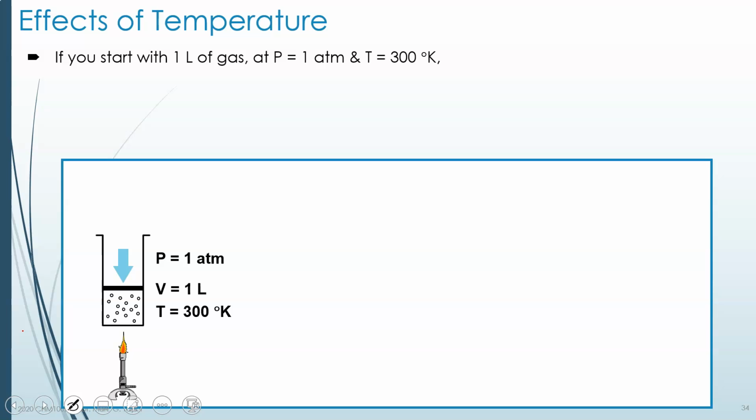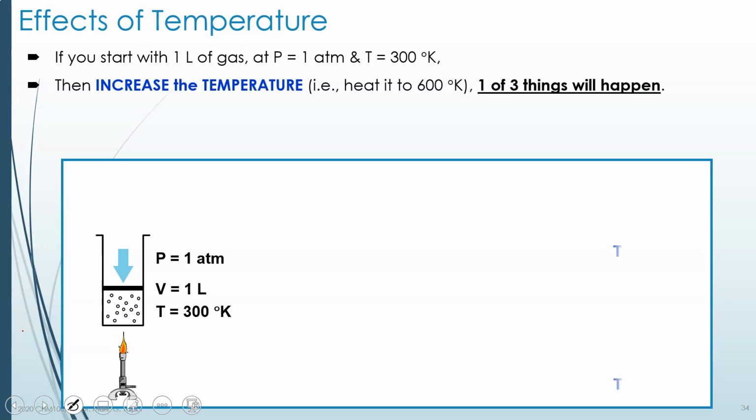It's normal atmospheric pressure. And we take this container that has a piston top. So this is a top that can move up and down if we want it to, or we can lock it in place. And then we're going to heat this up from 300 degrees Kelvin to 600 degrees Kelvin. So we're literally doubling the temperature. Now you notice I said double the temperature because I'm going from 300 Kelvin to 600 Kelvin.